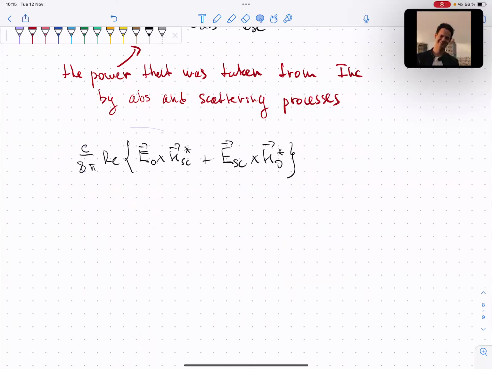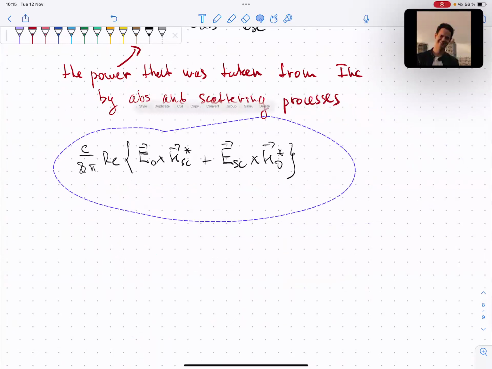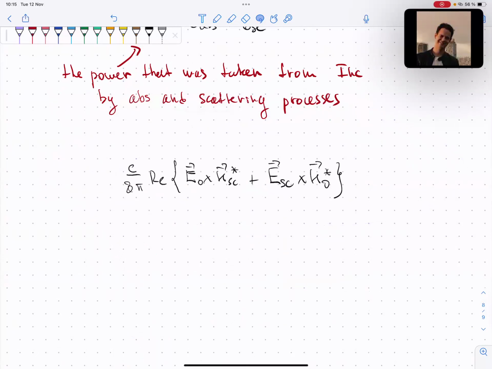So this power of extinction is equal to minus the integral of this expression over this closed surface.